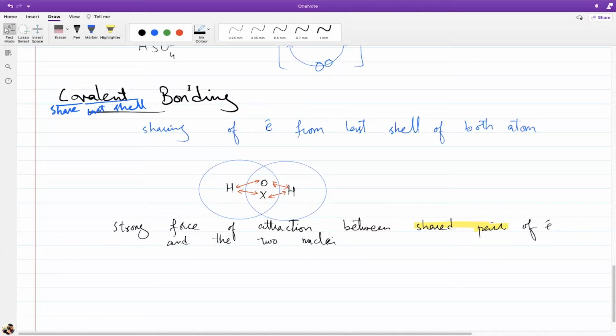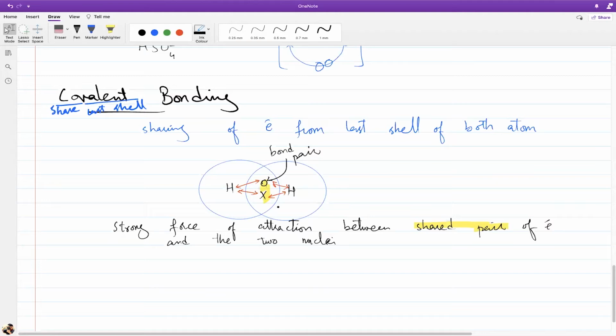So that keeps it in balance, and that is why this is a very strong force, because दोनों उसको pull करें. Secondly, both of these electrons are called a bond pair. These are what make a covalent bond.